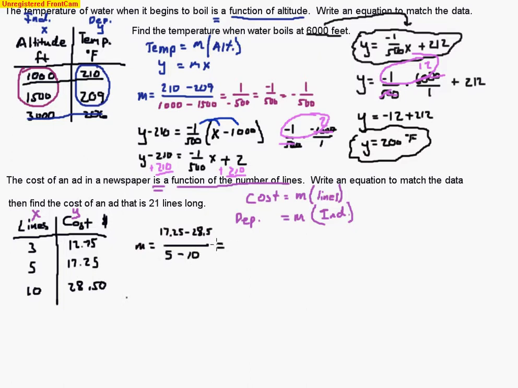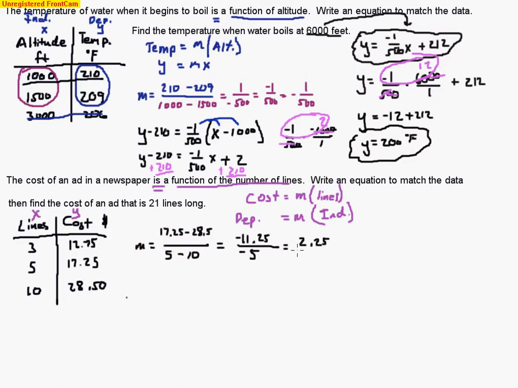So I subtract 17.25 minus 28.5, and I end up with a negative 11.25. And this is all over negative 5. The negative signs will cancel, and if I divide by 5, I end up with a decimal, 2.25.